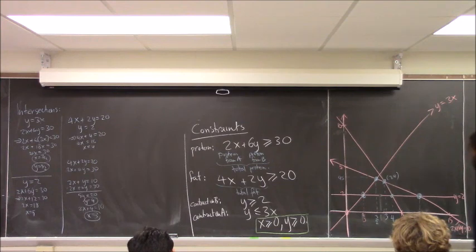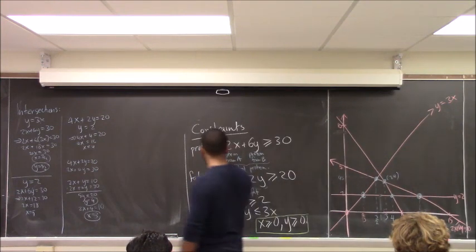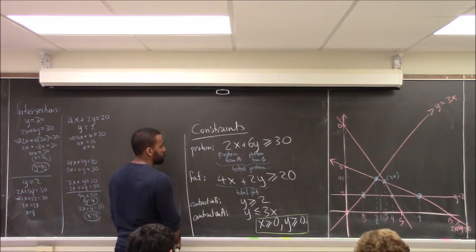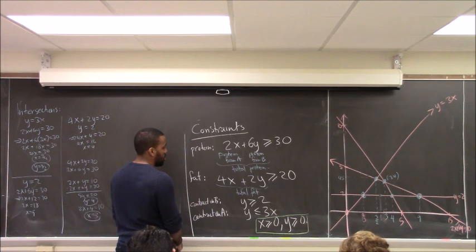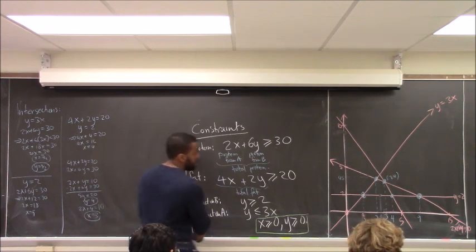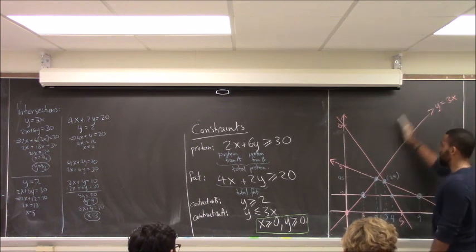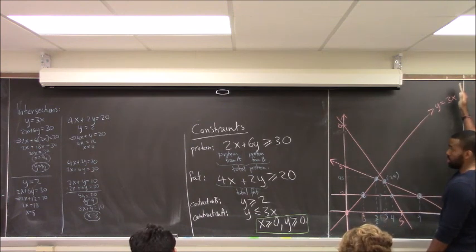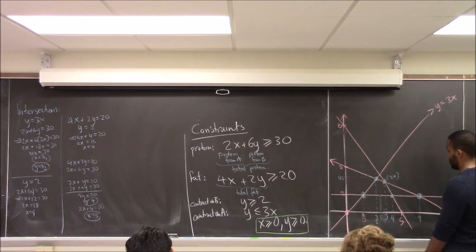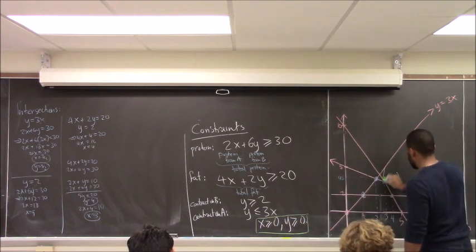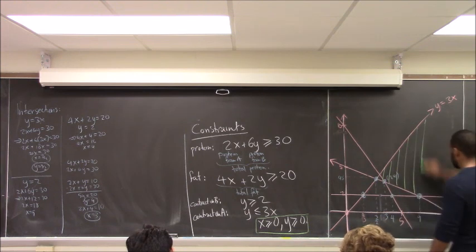So that's our situation. What is the feasible region? I need to be above this, above that, like the right, the base, below this, above that. So it's going to be like this, it's unbounded here, right? That's it.